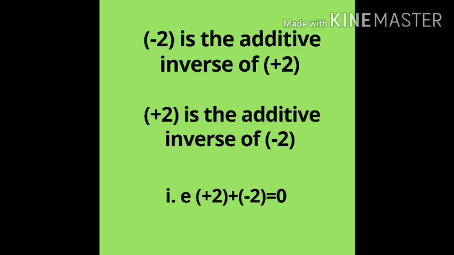That is, plus 2 plus minus 2 is equal to 0. What you add to get 0 is called the additive inverse. See here, plus 2 is there. We have to add minus 2 if we want to get 0. That's why minus 2 is the additive inverse of plus 2.